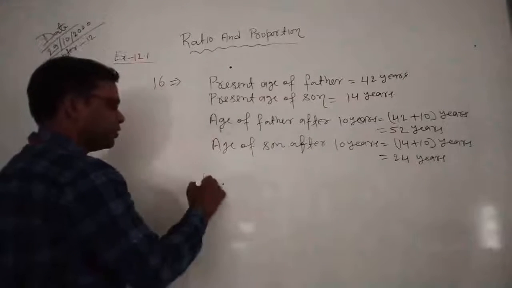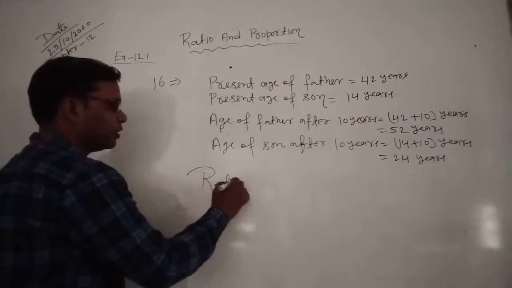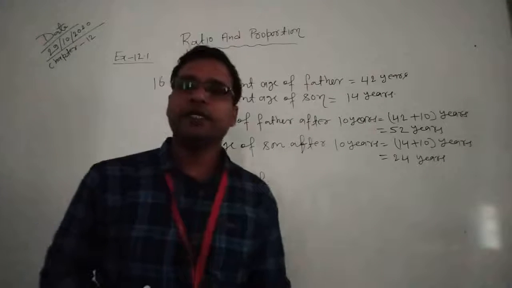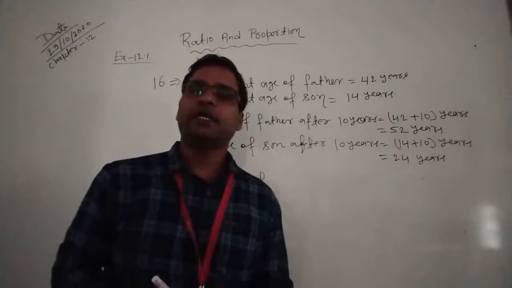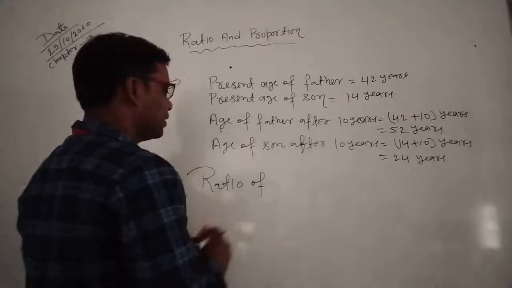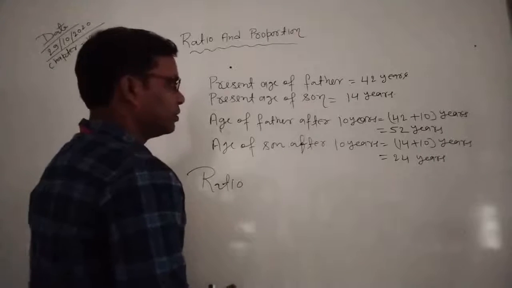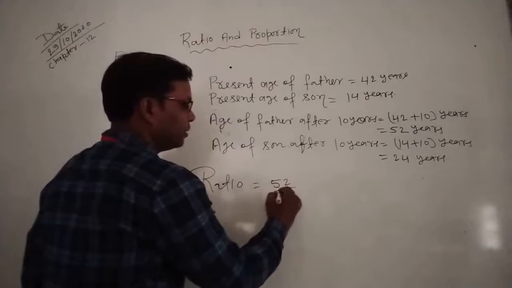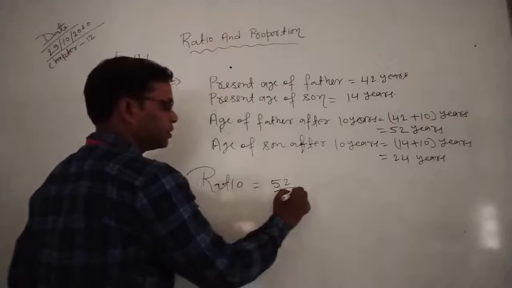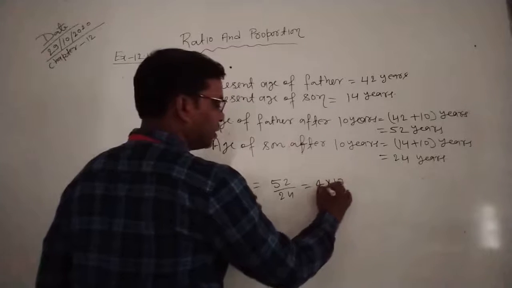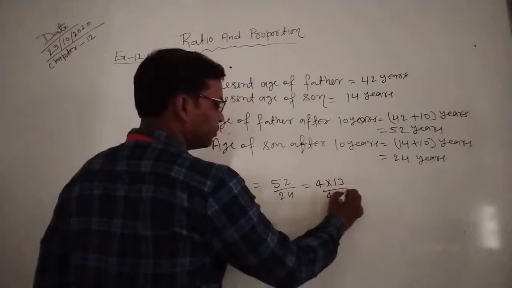So what is the ratio? The required ratio is equal to 52 years by 24 years. You can write it as 4 into 13, and also 4 into 6.